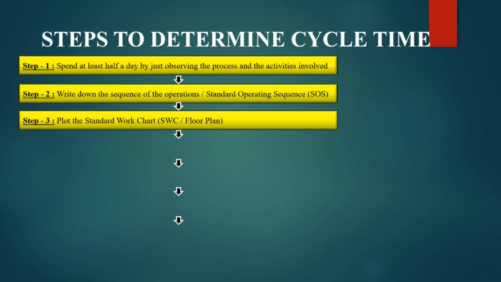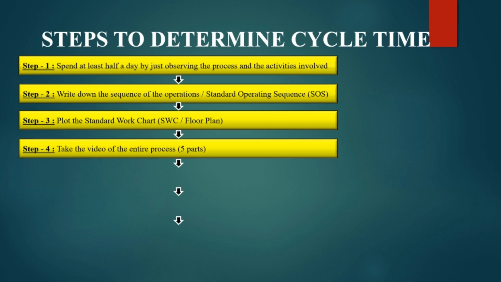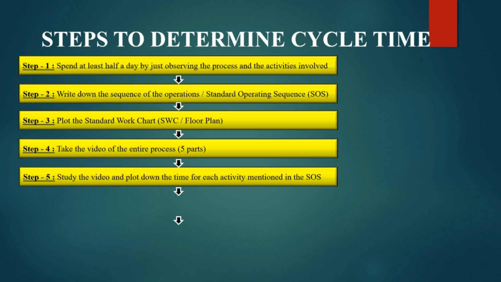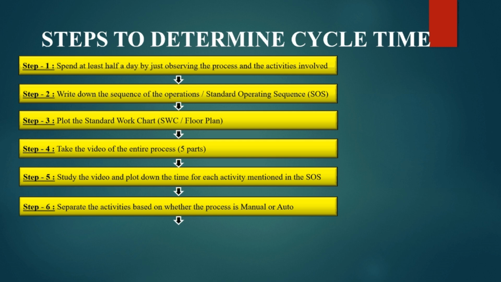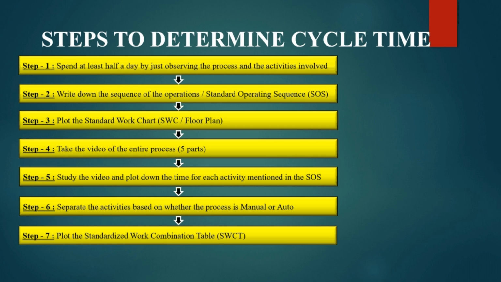Third is to plot the standard work chart, SWC. Then take a video of the entire process for at least 5 continuous parts. Study the video and plot down the time for each activity you have mentioned in the SOS. Then separate the activities based on whether the process is manual or automated. Last is to plot the standardized work combination table.